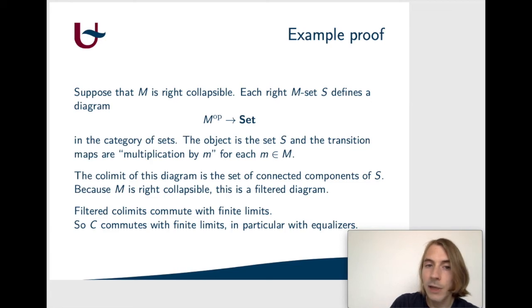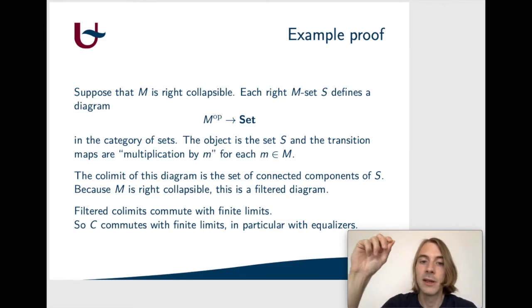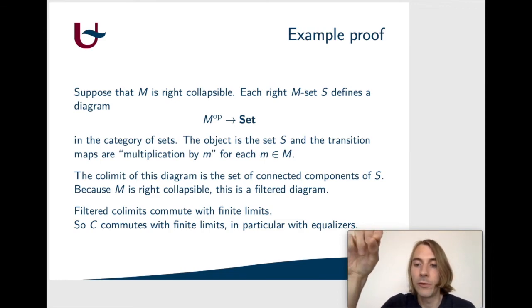And in the other direction, suppose that M is right collapsible, then each right M-set S defines a diagram, which is a constant diagram. So the object is the set S, and the transition maps are multiplication by M for each element M of the monoid.